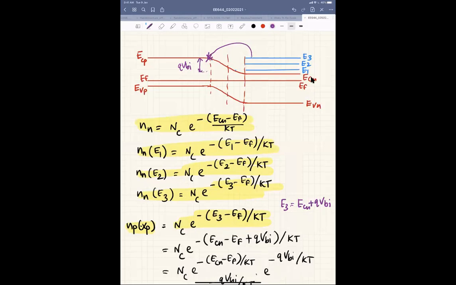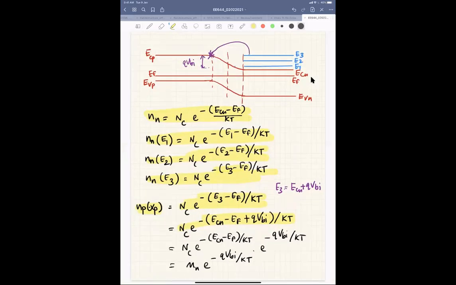So I just replaced E3 here by Ecn plus qVbi. I could write down the equation like this, and simplify it. So I could write this Nc e to the minus (Ecn minus Ef) by kT into e to the minus qVbi by kT, right?